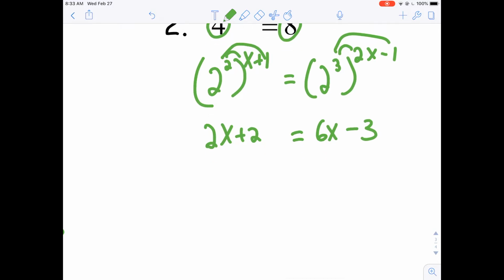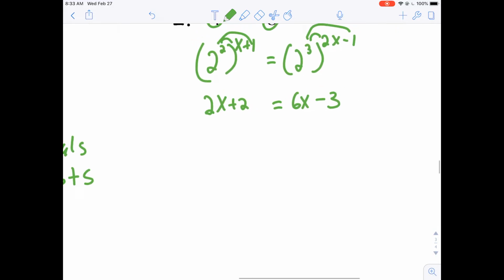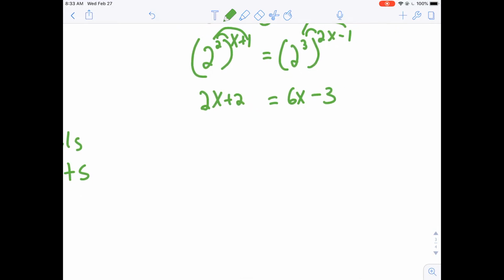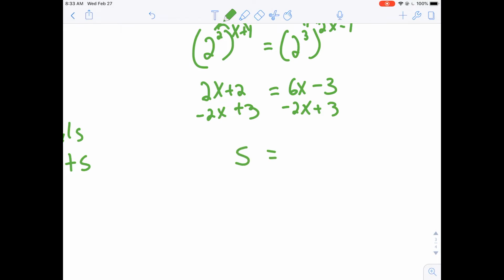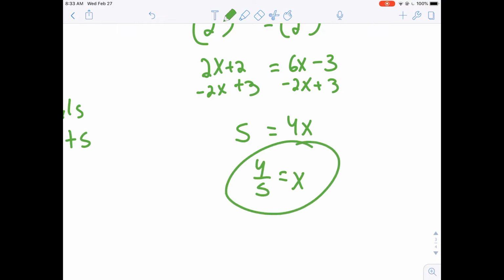And then because the bases are the same, they can just go away because of the property we learned yesterday. So then just doing this through, subtract 2x, add 3. So then we get 5 equals 4x, and then so x equals 5/4. Boom.